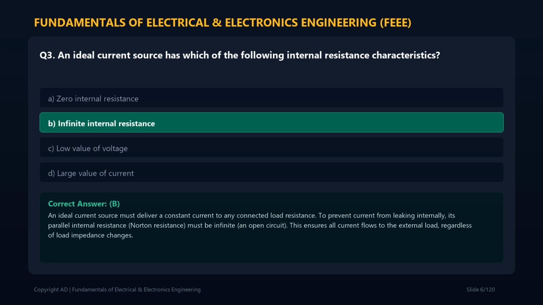The correct answer is B. Infinite internal resistance. An ideal current source must deliver a constant current. To prevent internal leakage, its parallel resistance must be infinite, ensuring all current is delivered to the load.